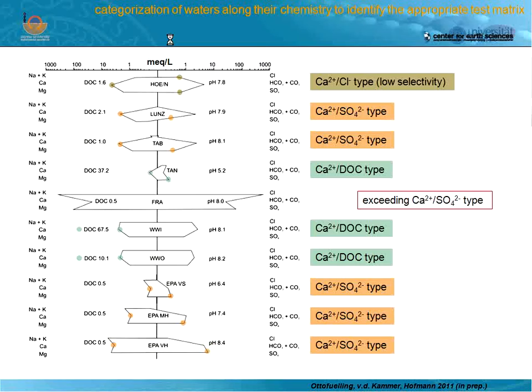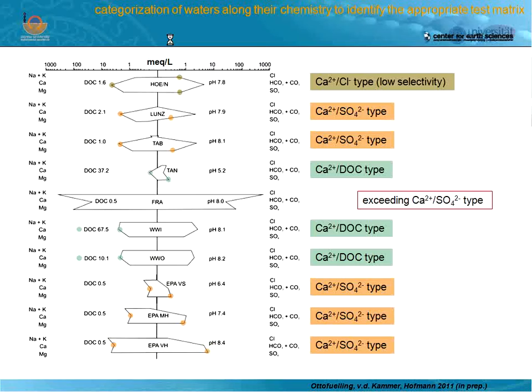This is a way where we can plot our waters, and from the graphic itself we can see what kind of character the water has. We grouped sodium and the monovalent cations and the divalent cations, and we have here the anions, and then we added the pH and the DOC.